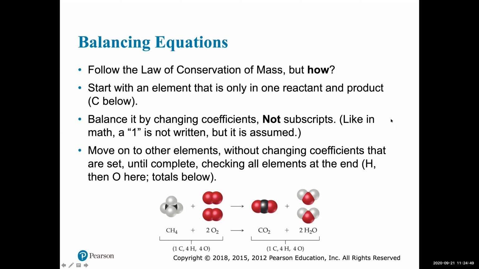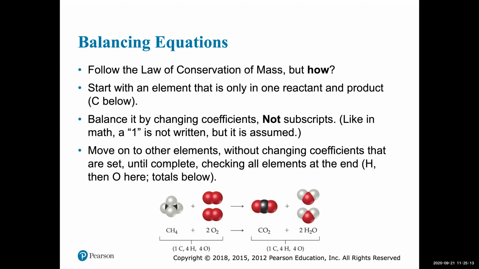So we said that balancing equations links back to that law of conservation of mass. It tells us that we want to have the same number of atoms in our reactants as we do in our products. So if we have 2 carbon atoms in our reactants, we need to have 2 carbon atoms in the product. They may be in different molecules, but they're in there somewhere.